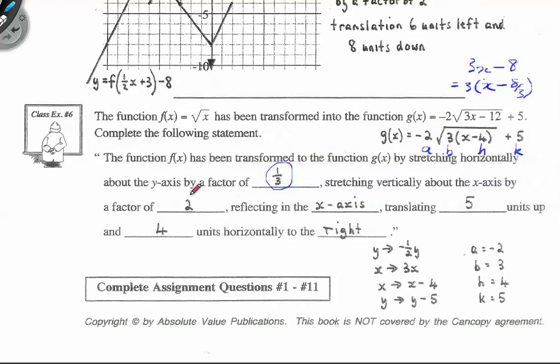Vertically by a factor of 2. Reflection in the x-axis. We are translating 5 units up and 4 to the right. And here's the replacement terminology.